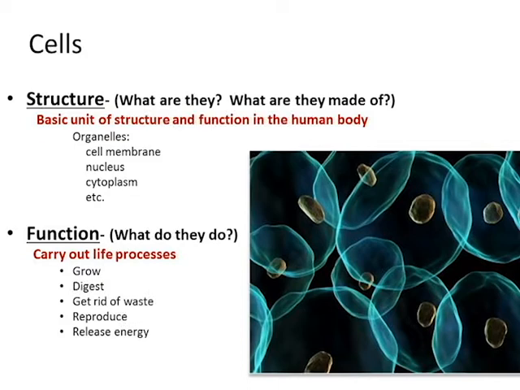The structure is what it is, what it's made of. The basic unit of structure in the human body is the cell, and the cell has structure as well. We've talked about the cell membrane, the nucleus, the cytoplasm, all of those parts working together to form that one big cell. Similarly, we've got a bunch of little cells all working together to keep us alive.